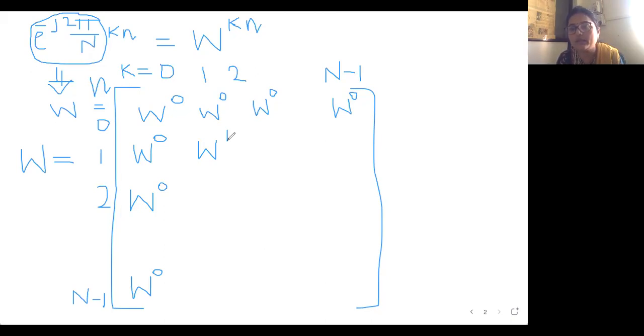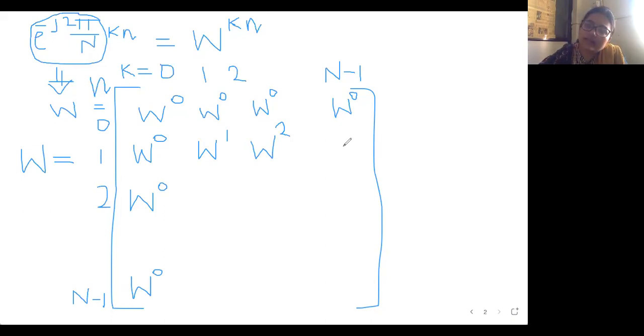Next, at the next position, what is the value of k? K is 2 and n is 1, so we write 1 multiplied by 2. This value is going to be w raised to 2.